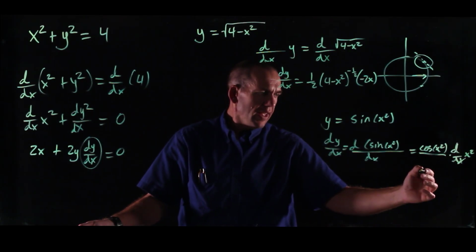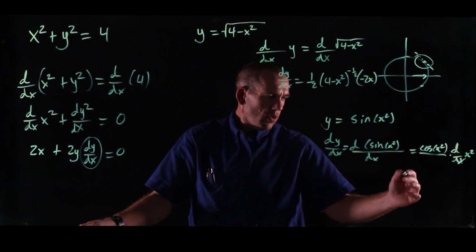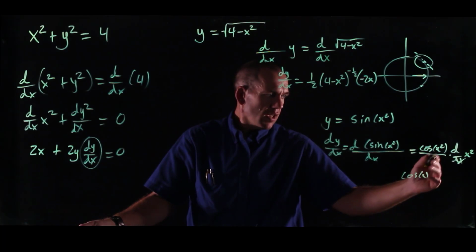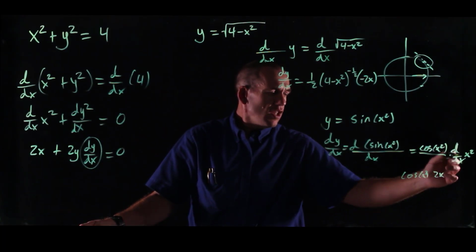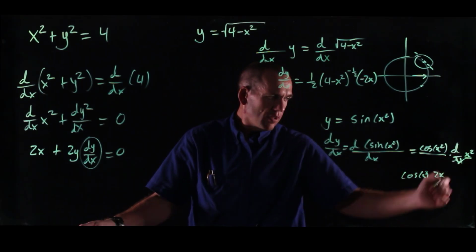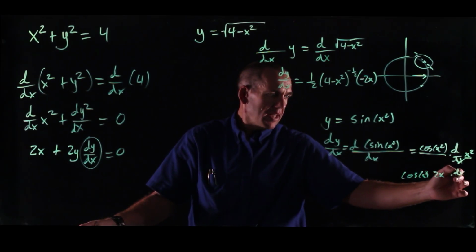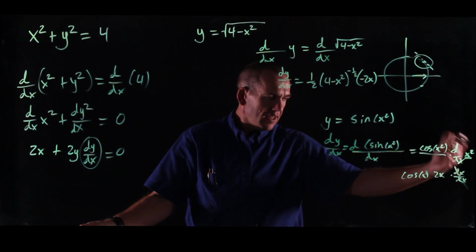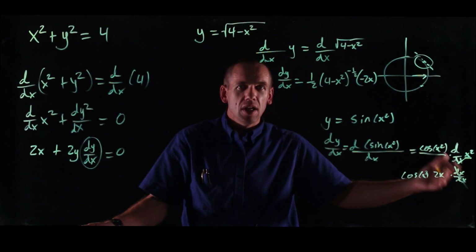Well, power rule that, and that would be cosine of x squared times 2x. And you could even argue that we need to take the derivative of x, the last inner function, with respect to x. Well, dx is just 1. The derivative of x is 1, and so that doesn't actually affect anything.